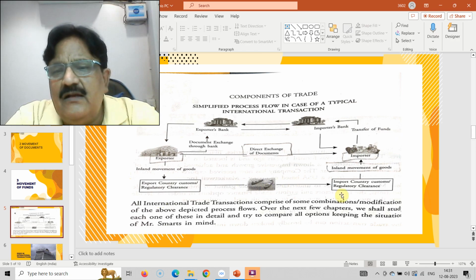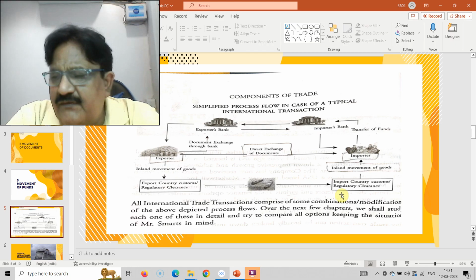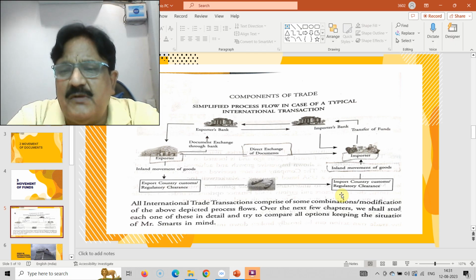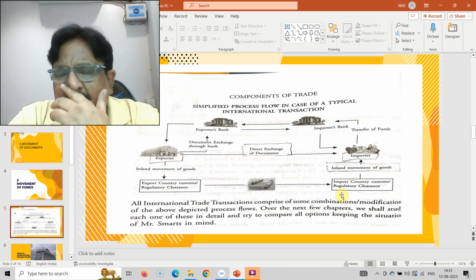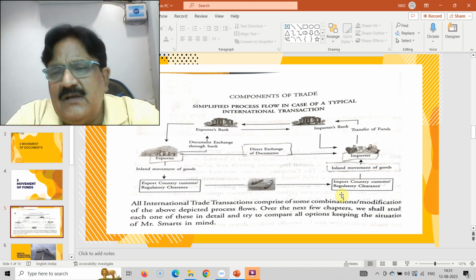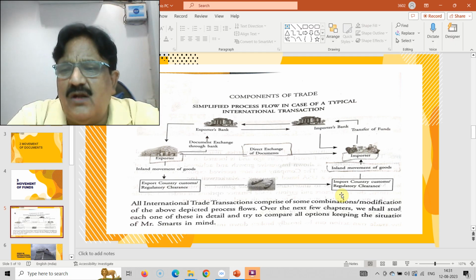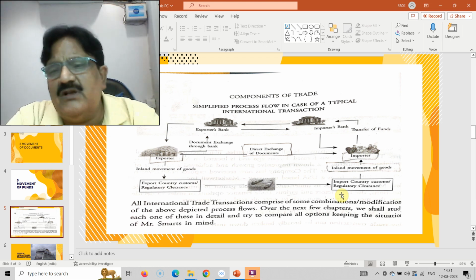railways. Then import country, customs, regulatory clearances, if the goods are being exported to some other country, whichever regulators are there, they'll give the clearance, yes, goods are as per the documents, and as per export import policies, these goods are allowed to be sent to those countries. Then inland movement of goods takes place wherever the importer is.